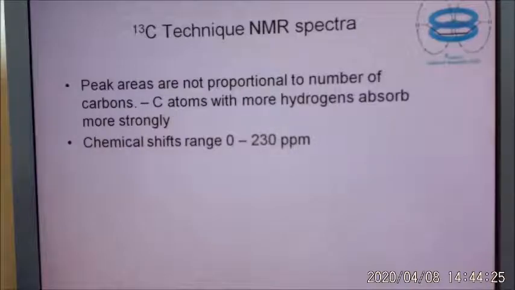Now one thing you have to be aware of is that the peaks are not proportional to the number of carbons. What you'll find is that carbons that have a lot more protons attached to them will have the more intense peak. Okay, and the range runs from 0 to 230 ppm versus 0 to 14.